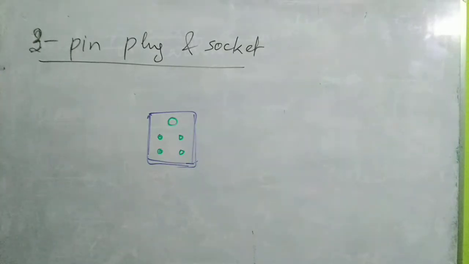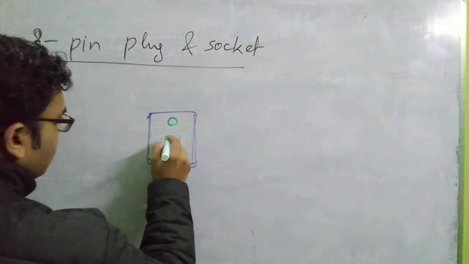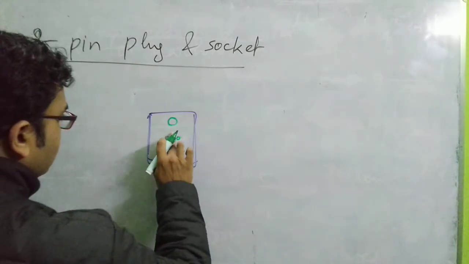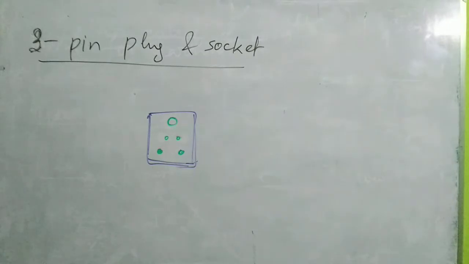Like this there are connections provided in your house. These two are a bit closer and the next one a bit farther. Now what are these 3 sockets?